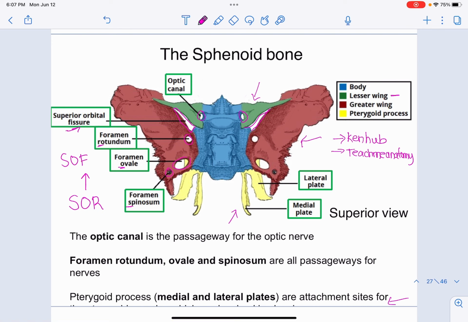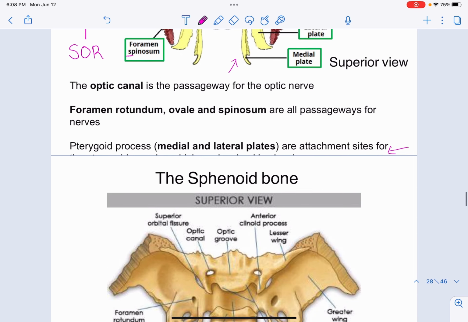Again, you don't need to use this if you don't want to. I'm just providing you with something, which is SOAR are the 3 holes, and the SOF is the superior orbital fissure. So if that helps, great. All of these holes are passageways for nerves to travel through.